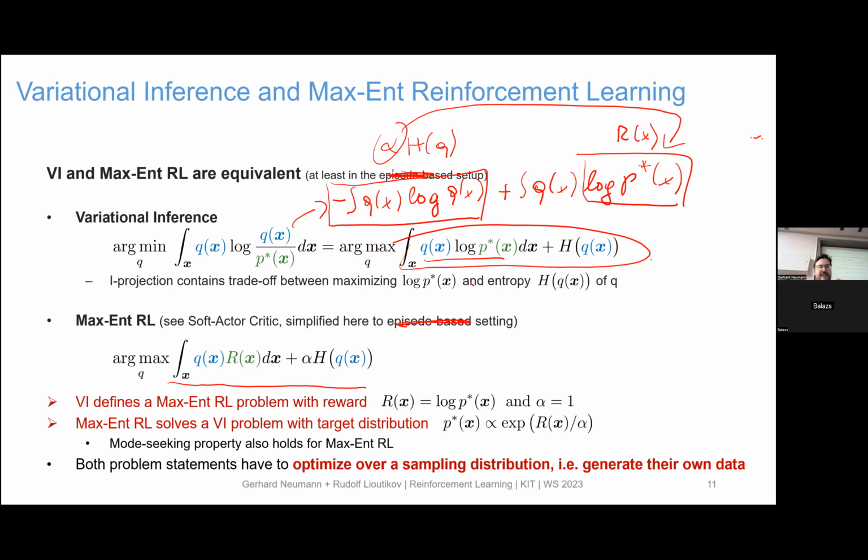And that's why we can directly transfer these properties that we just discussed, the mode seeking property of the reverse projection, directly to reinforcement learning.